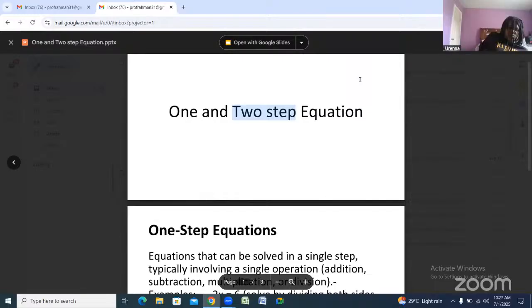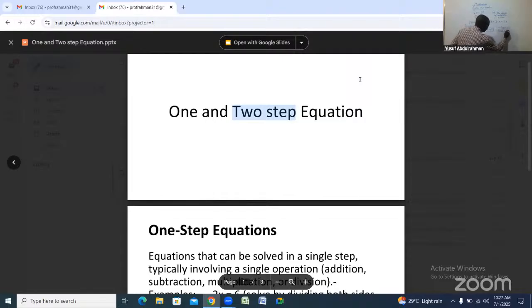When the coefficient of the variable has a minus, what will it be? Negative 4. Do you understand? Okay, so to be able to get the value of n in this case, we divide both sides by the negative coefficient.